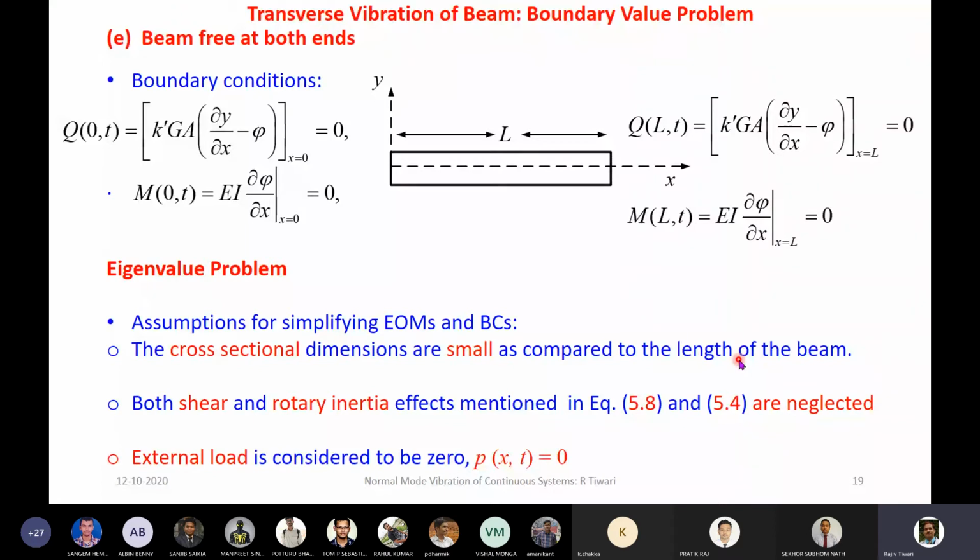In that particular case, the beam will be thin, so the rotation of the small element will not have that much inertia. So rotary inertia can be ignored. Also, the shearing effect will be less. And for the eigenvalue problem, anyway, we need to consider the force equal to 0.